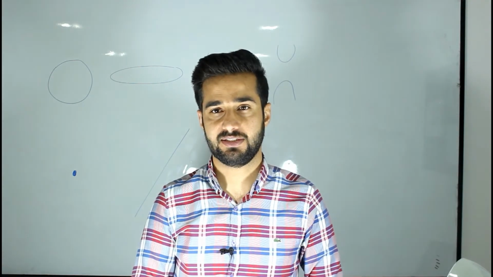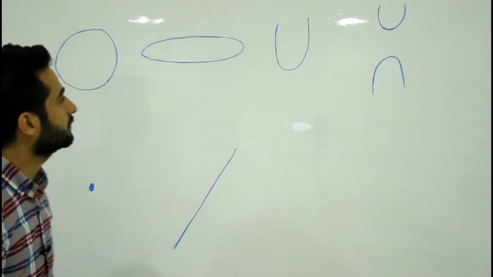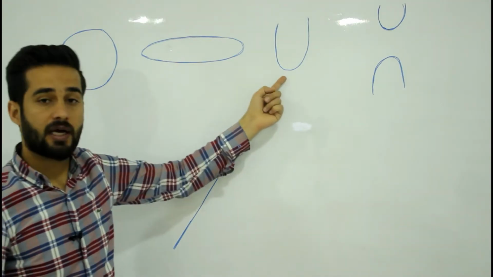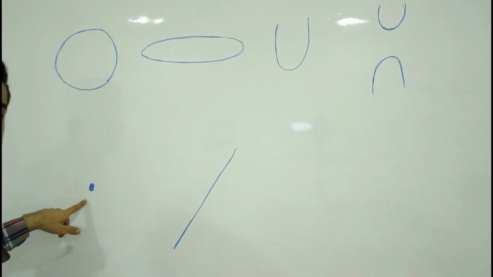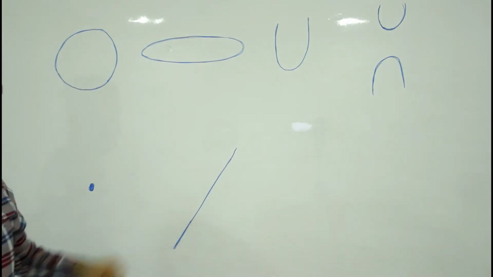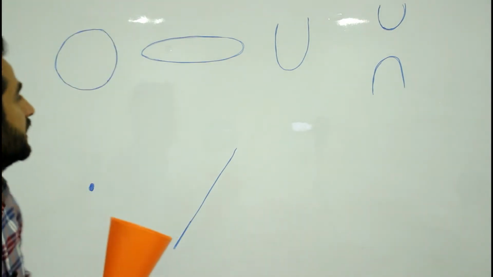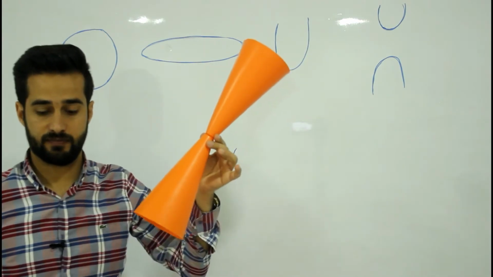Now let's start the lesson. Here, students, we have circle, ellipse, hyperbola, parabola. We have a point and a straight line. We can find all of these in this conic section.